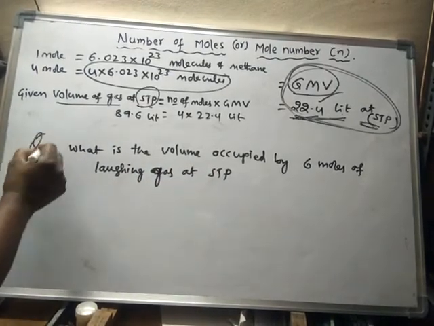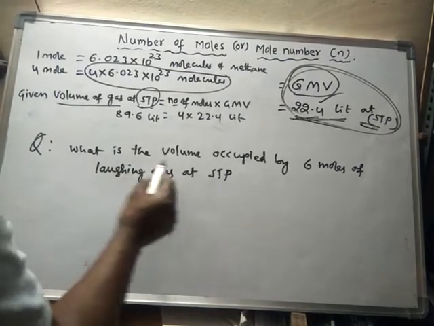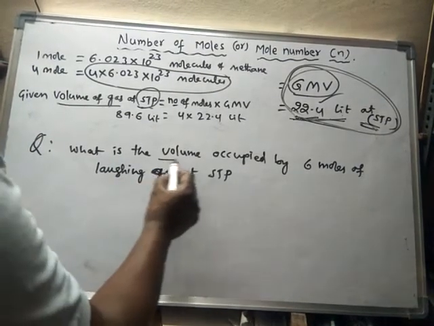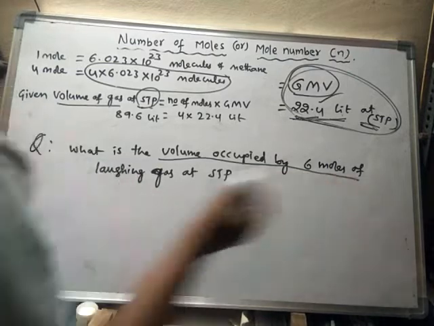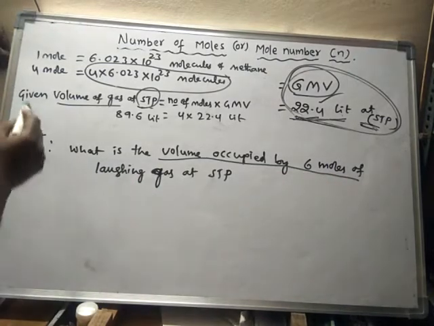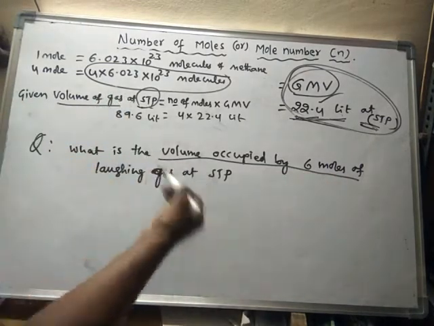So here the question is like this. What do we need to find? The volume occupied by 6 moles of gas. That means we have to find the given volume.